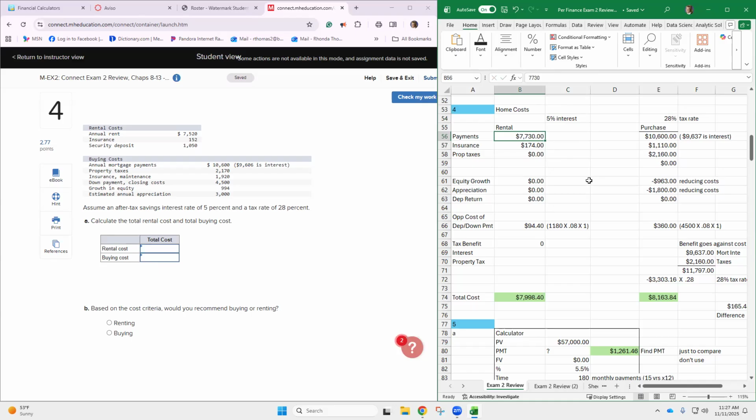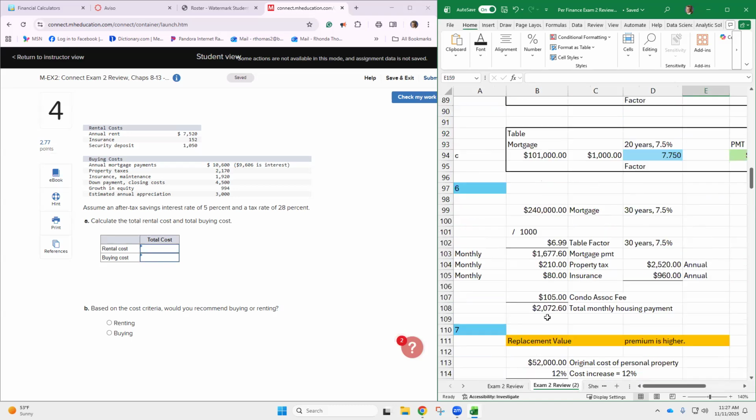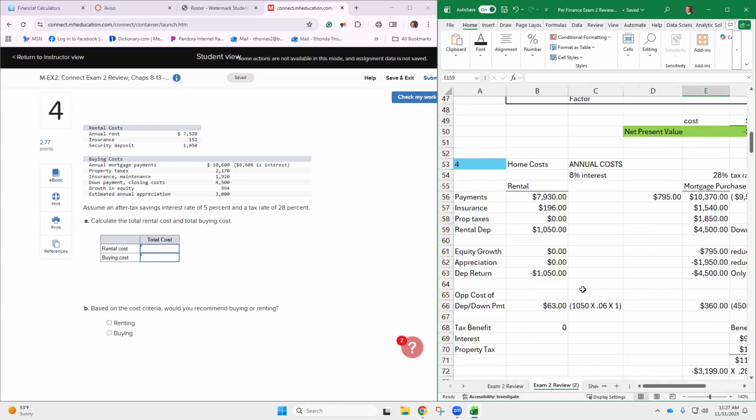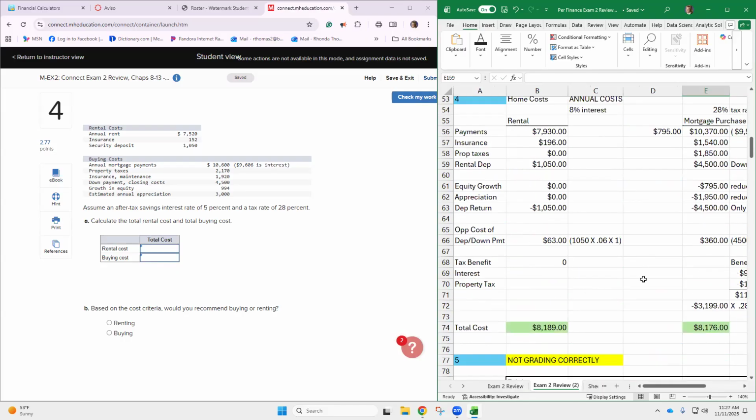Let's start with the rental. Okay, annual rent for all years, $75.20. Insurance, so there is an insurance policy for renters that protects your personal property. Actually, let me go to this one. I think this one's better. Yeah, this one's better.